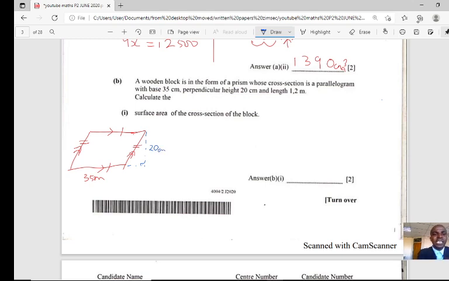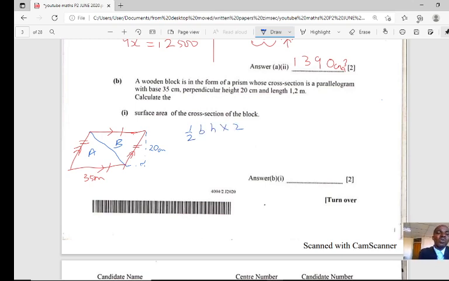Then, how do we calculate the area of this parallelogram? Remember, a parallelogram is made up of 2 equal triangles. We have triangle A and triangle B. So to find the area of a parallelogram, you just find it from the area of a triangle. Since there are 2 triangles, you multiply by 2. Since there is height, we can use half base times height, then multiply by 2.